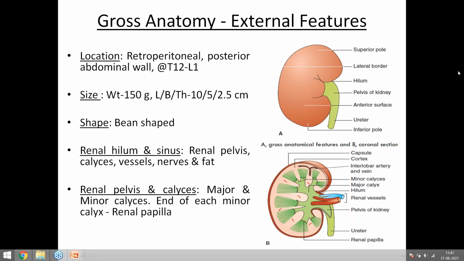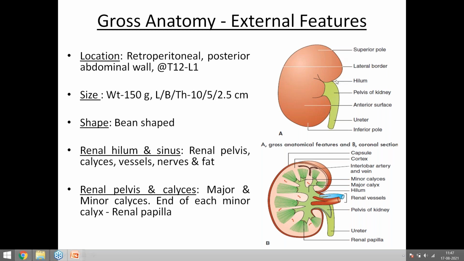Now, each kidney has an anterior and a posterior surface. So here you can see they have shown the anterior surface. Then it has medial and lateral margins.